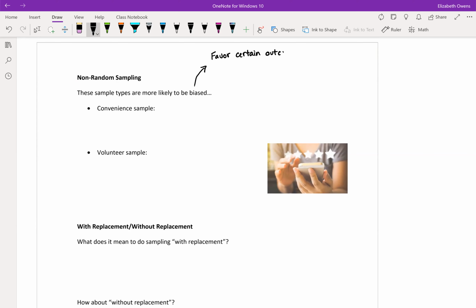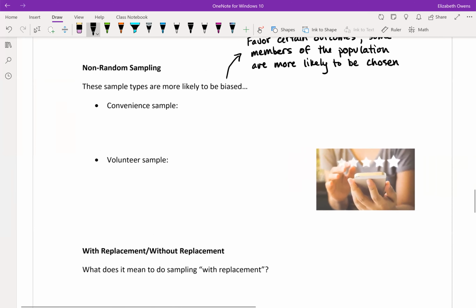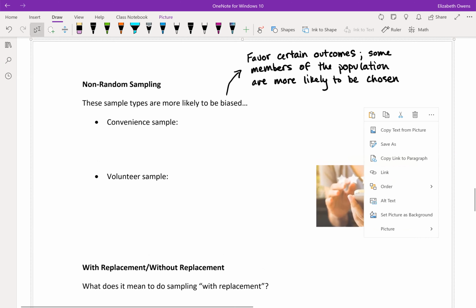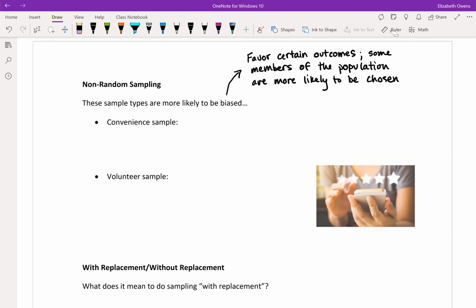So it's going to have a bias more towards one side than the other, and some members of the population are more likely to be chosen for the sample. That is in contrast to random sampling, where everybody had an equal opportunity to be chosen.